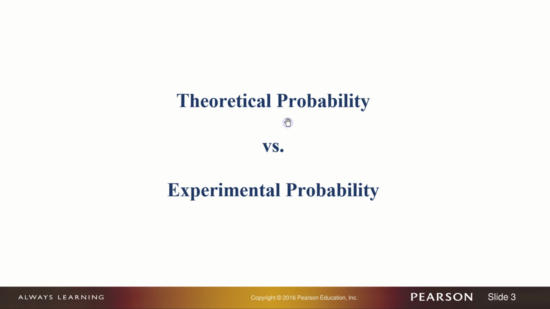When those two numbers are known, we can use theoretical probability to come up with the probability of the occurrence of an event without having to actually perform an experiment and see it.